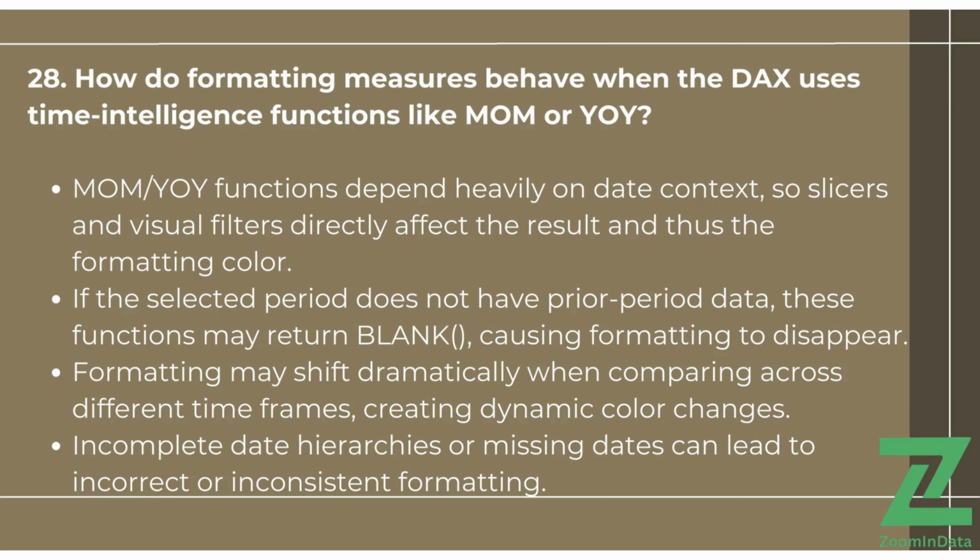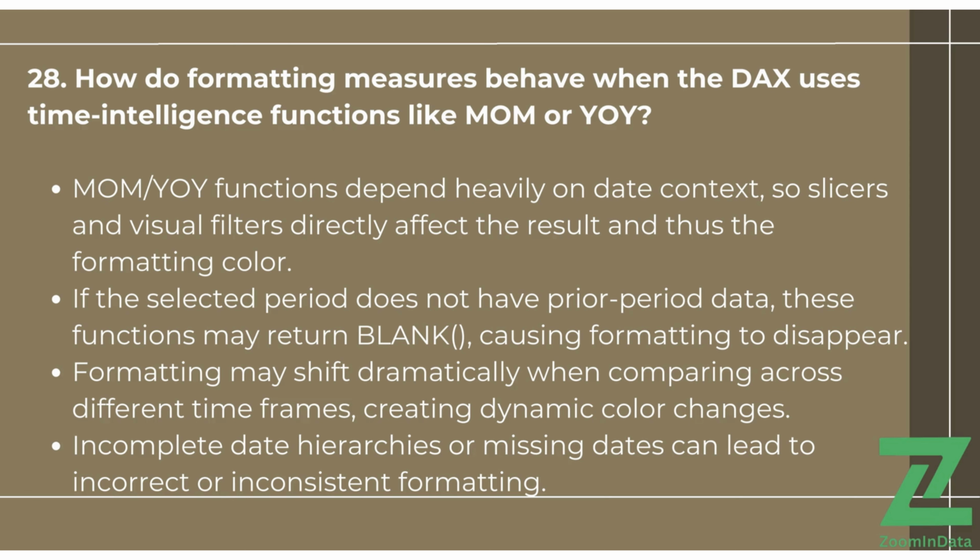How do formatting measures behave when the DAX uses time intelligence functions like MoM or YoY? MoM or YoY functions depend heavily on date context, so slicers and visual filters directly affect the result and thus the formatting color.